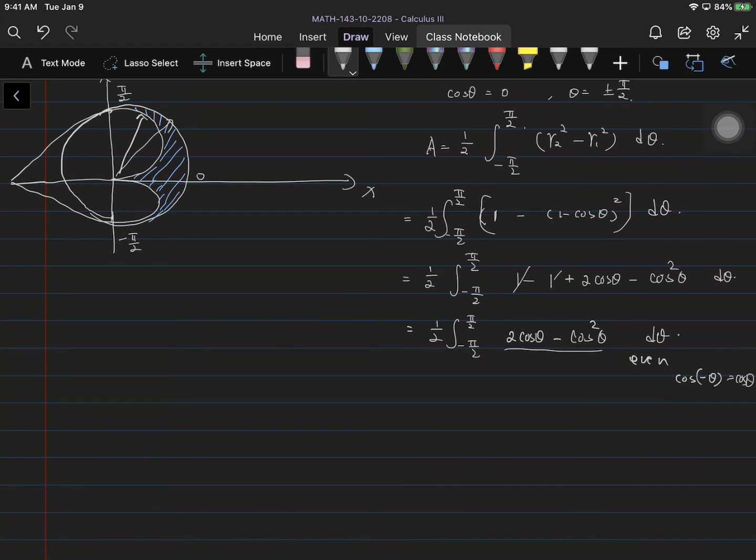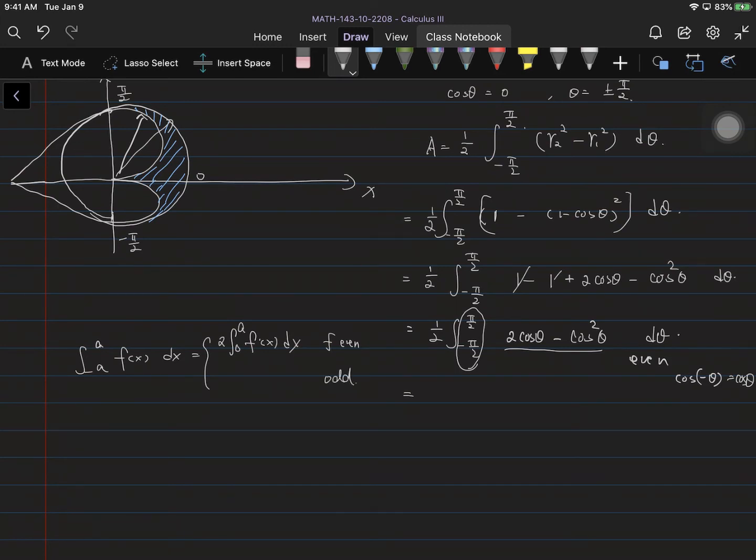Even function. So in calculus 2, we have a property: if we have symmetric limits for an even function, we can change this into the property like this. I'm going to write it down here. The integral from negative a to a of f(x) dx, if the function is even, equals 2 times the integral from 0 to a of f(x) dx.